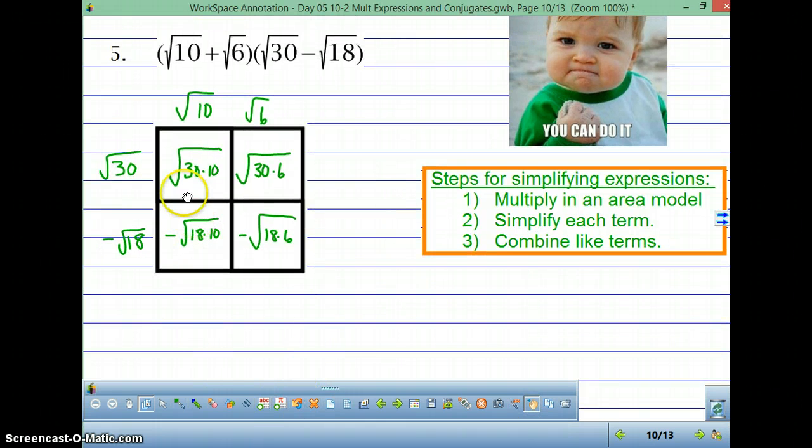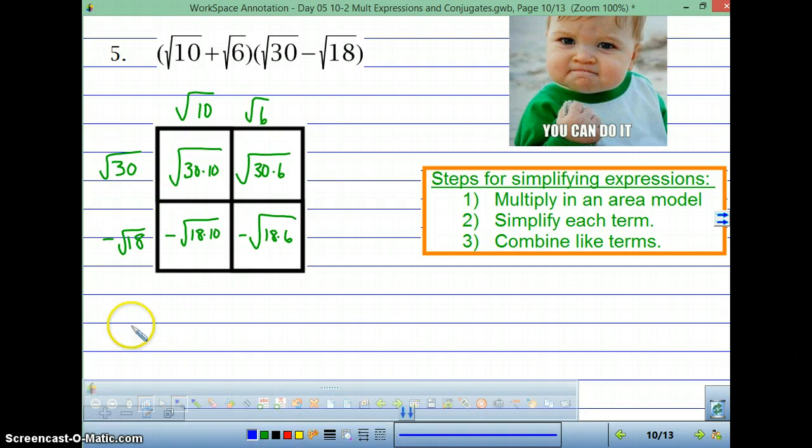Okay, let's rewrite this and we're going to do a little bit more factoring as we go. Ooh, I need pen. There we go. Okay. We've got 30 times 10. Well, 30 is 3 times 10. And I'm going to leave that 10 as a 10 because I can see that I have another 10 coming up.